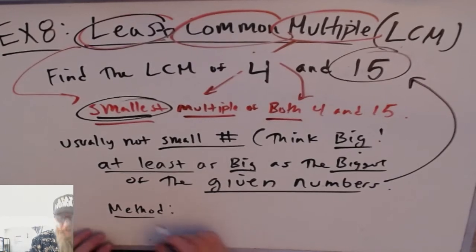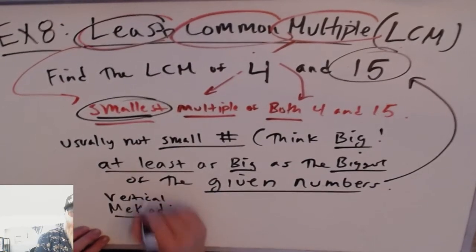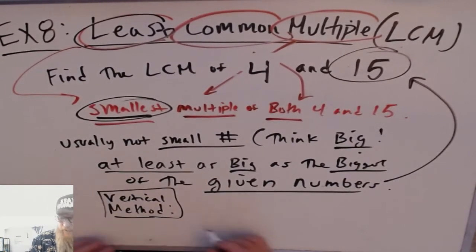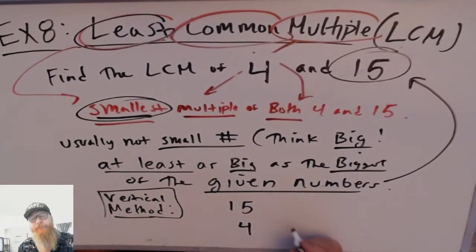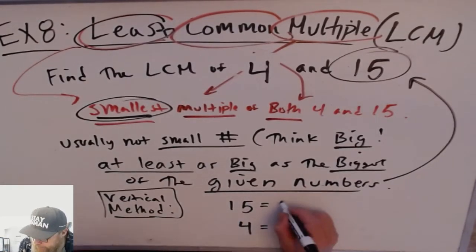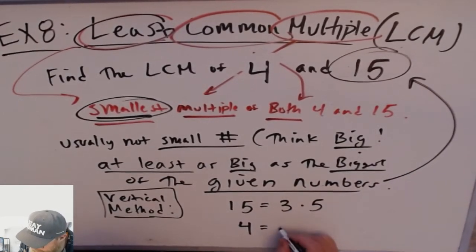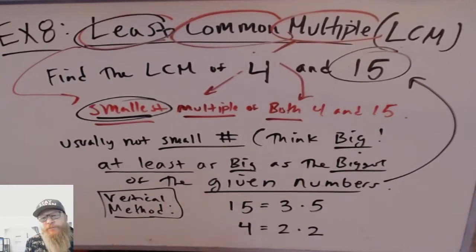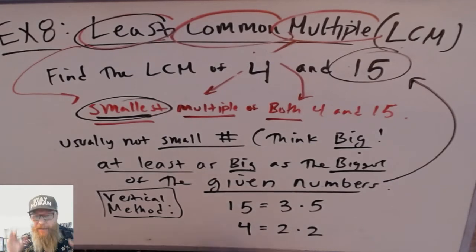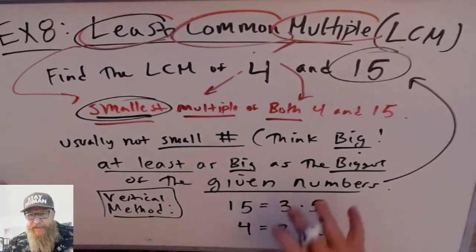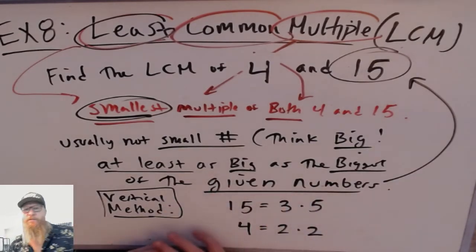I like to do a vertical method. In other words, I take the numbers and stack them on top of each other like this. And then I factor them using prime numbers: 3 times 5, 2 times 2. And then make these both the same.